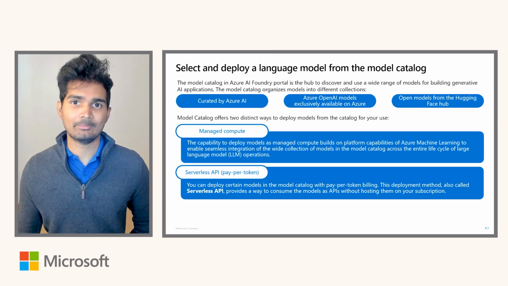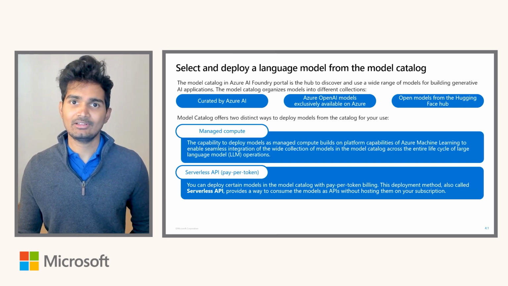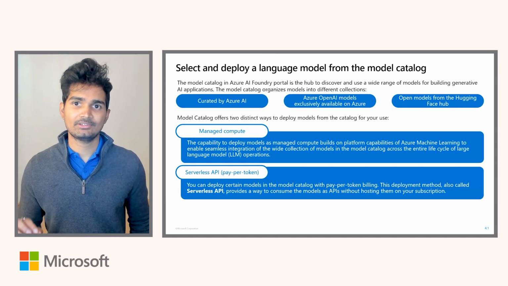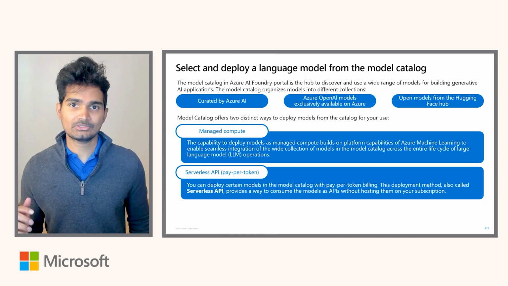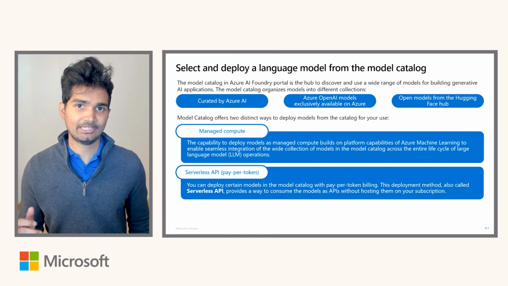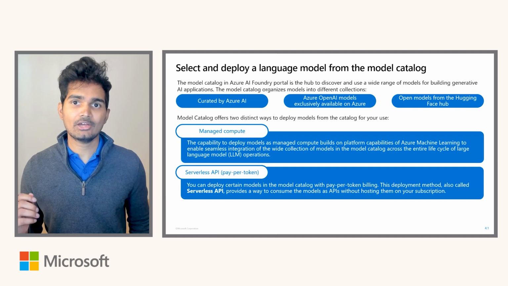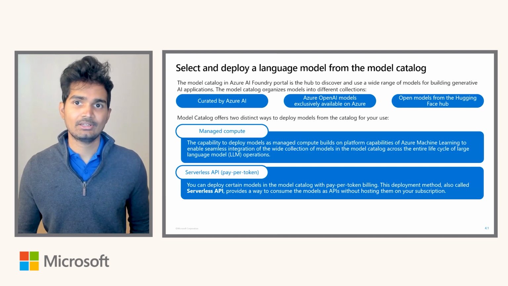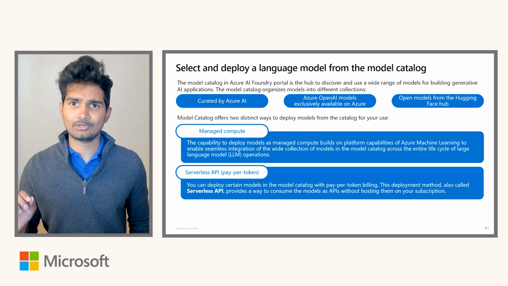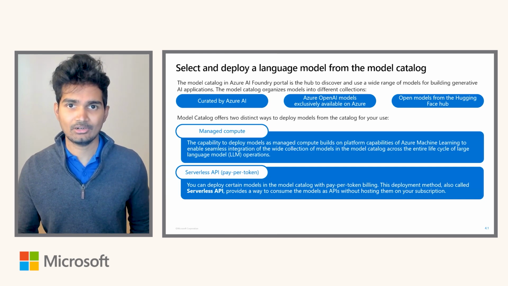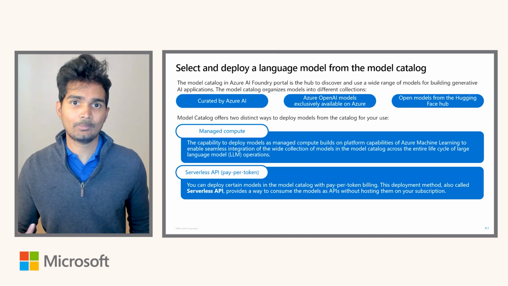Be aware of the model catalog in the Azure Foundry portal, which is the centralized hub to discover and use a wide range of models for building generative AI applications. It features hundreds of models across different model providers. Know that to filter the models based on your needs and metrics, you can filter models based on a provider of your choice, like Azure OpenAI.